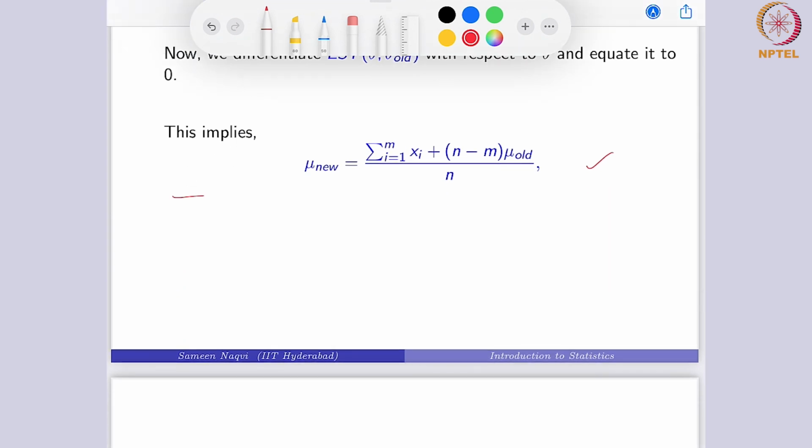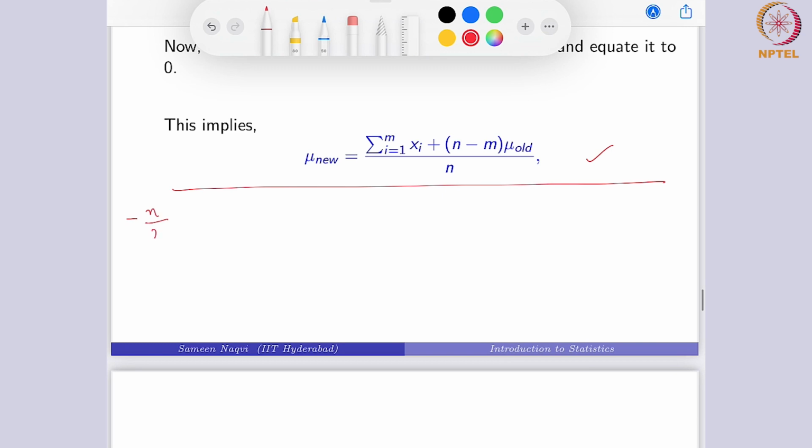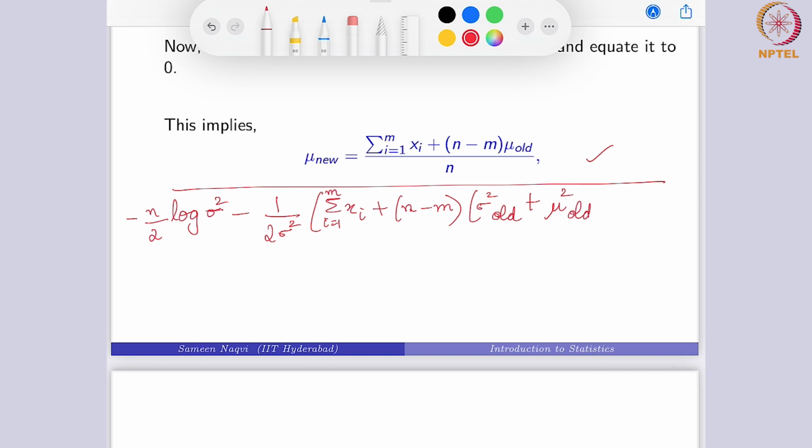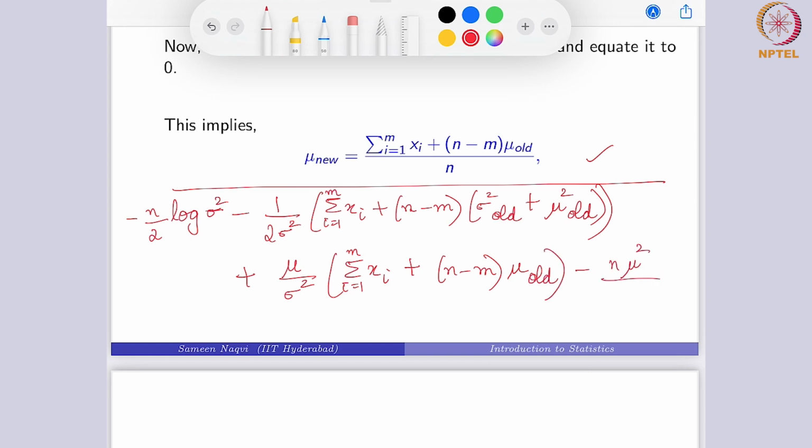We had the terms as minus n by 2 log sigma square, minus 1 by 2 sigma square, and this summation xi square, i from 1 to m, plus n minus m times sigma square old plus mu square old, plus mu by sigma square summation xi, i from 1 to m, plus n minus m times mu old, minus n mu square over 2 sigma square.